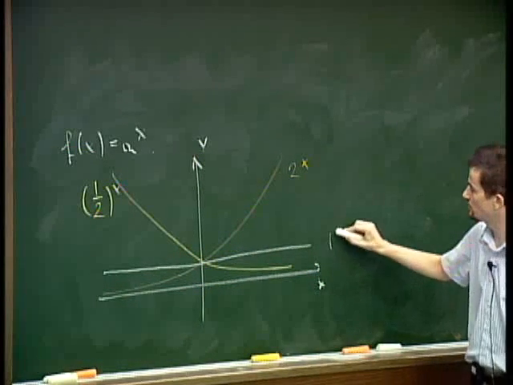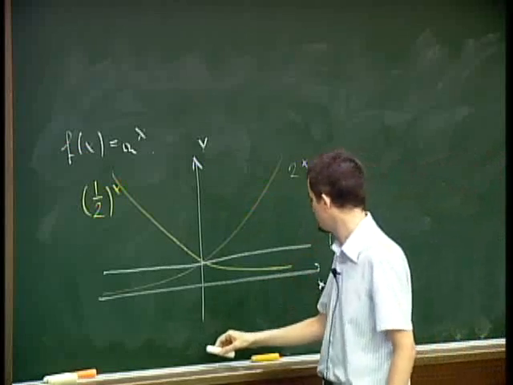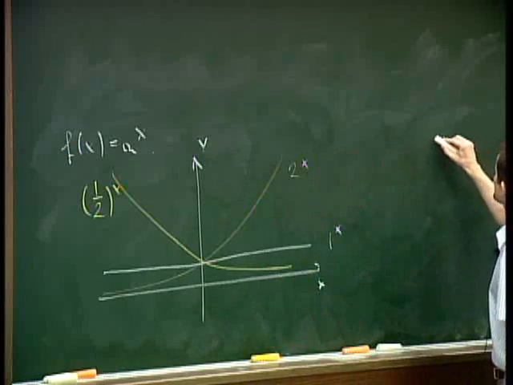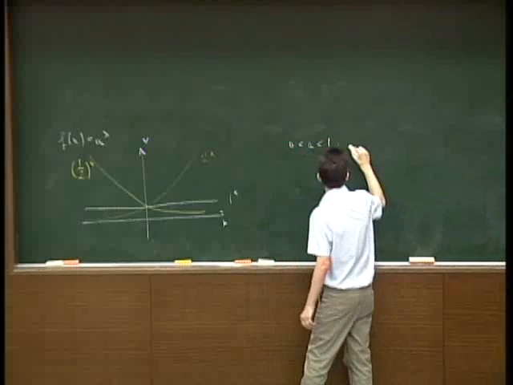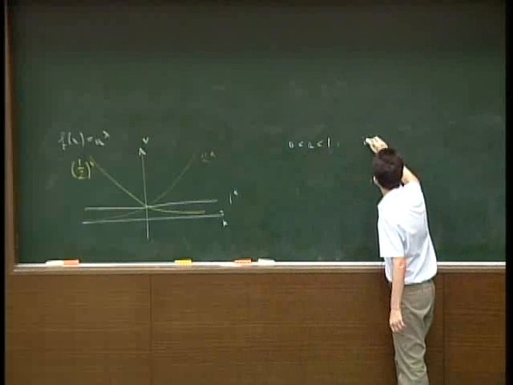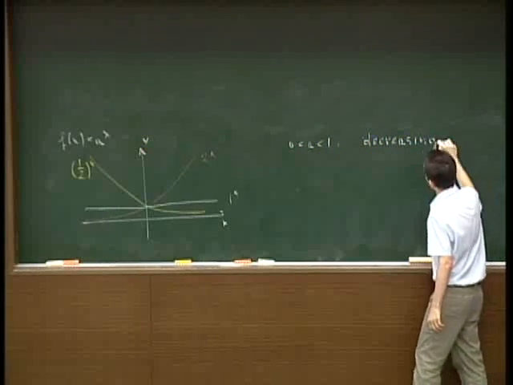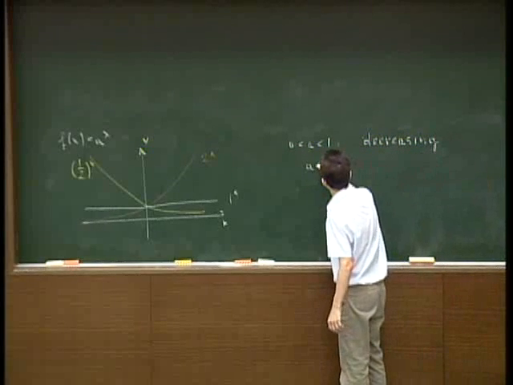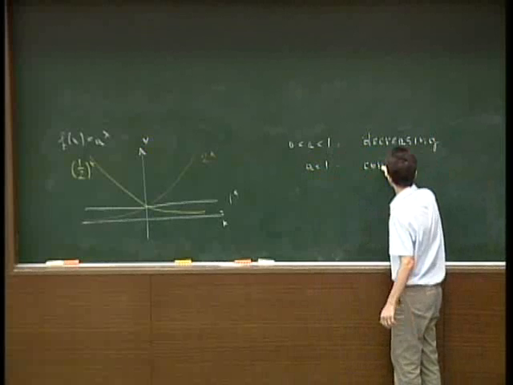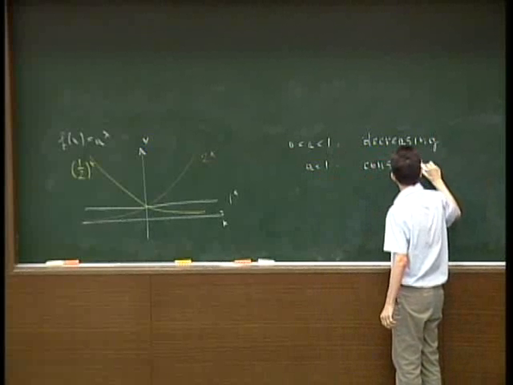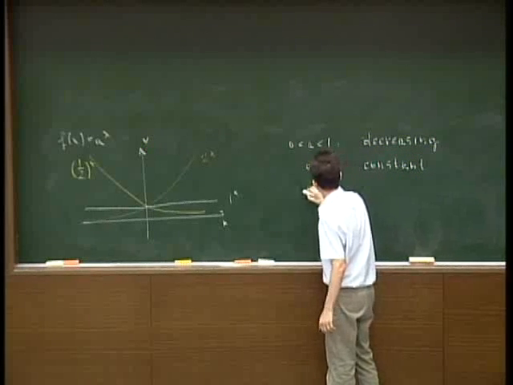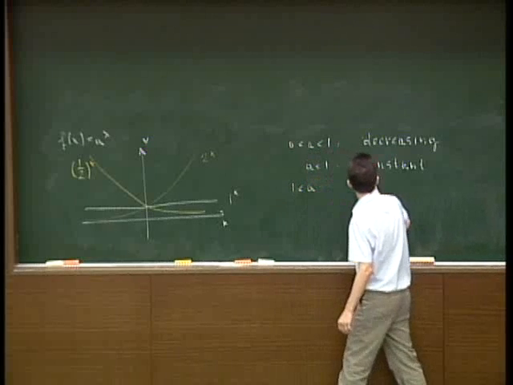So this would be 1 to the x. So essentially you have three types, namely if a is between 0 and 1, then decreasing. If a is equal to 1, constant. And if a is larger than 1, increasing.